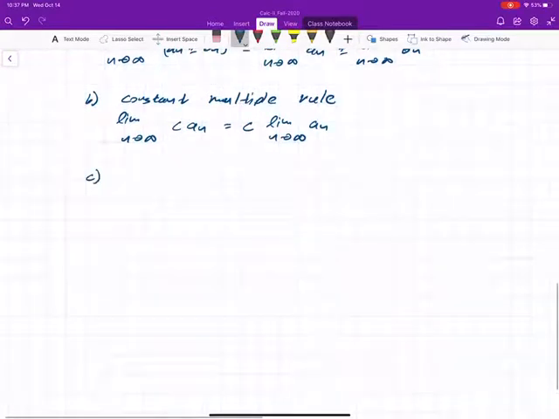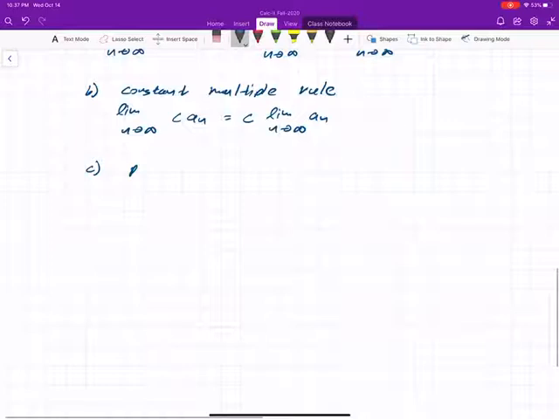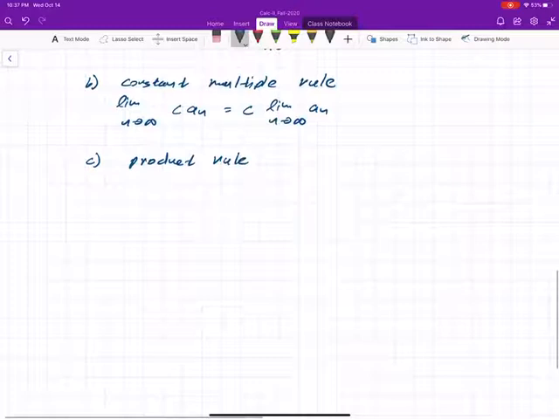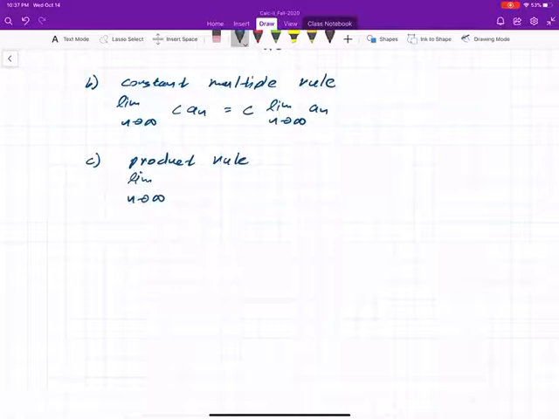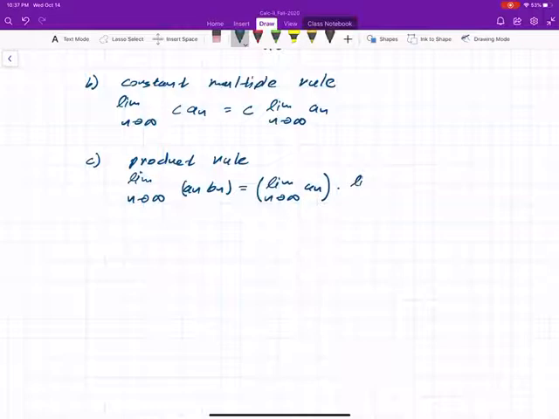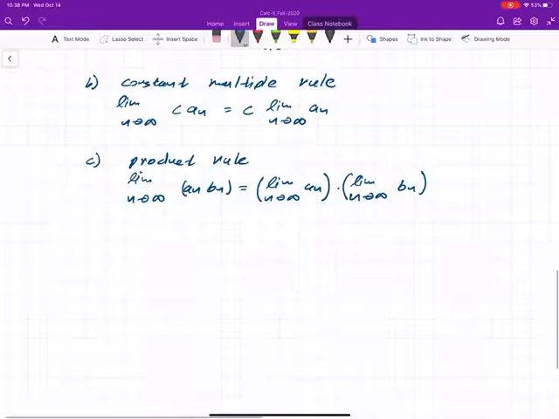All right, then go to C, product rule. Limit n goes to infinity of an times bn equals limit n goes to infinity an times limit n goes to infinity bn. That means you can get the limit of an and bn separately and then multiply them.